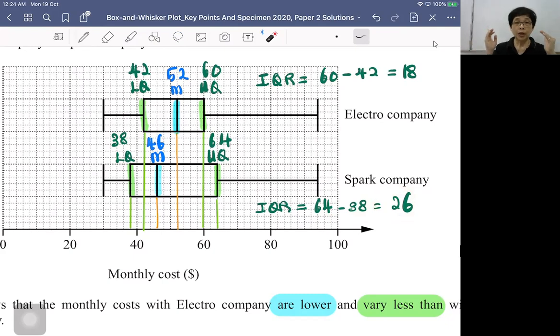Now, how wide the spread varies depends on the IQR, and you know from here the IQR for Electro company is 18. The IQR, interquartile range, for Spark is 26. Obviously, Electro company is much lesser than Spark company.